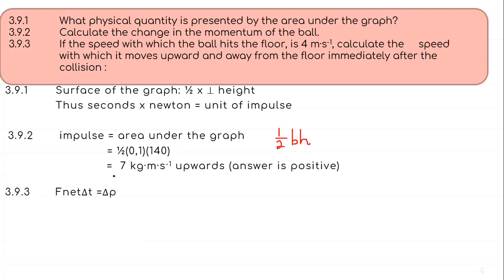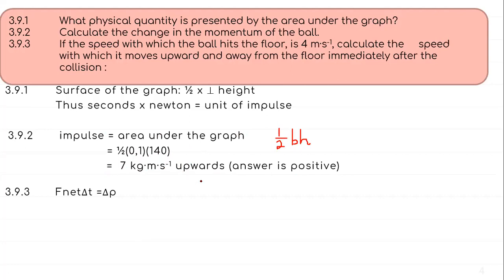So the area there will be half multiplied by the base, which was 0,1, the contact time, multiplied by the height, which is 140 newtons. Then we find that our impulse is 7 kilograms meter per second upwards. And our answer is positive altogether.